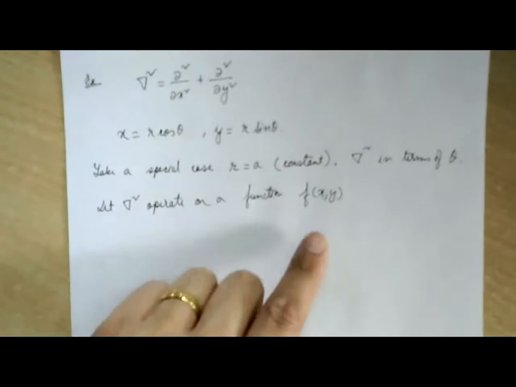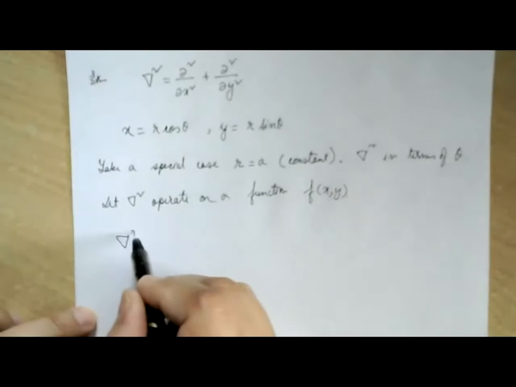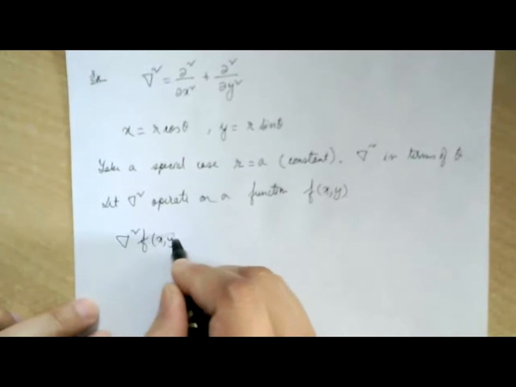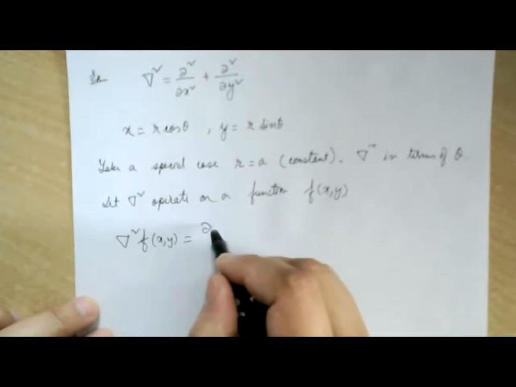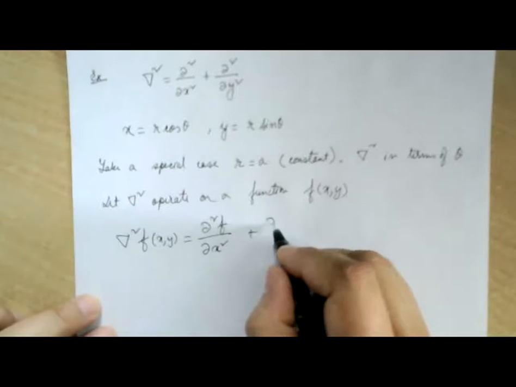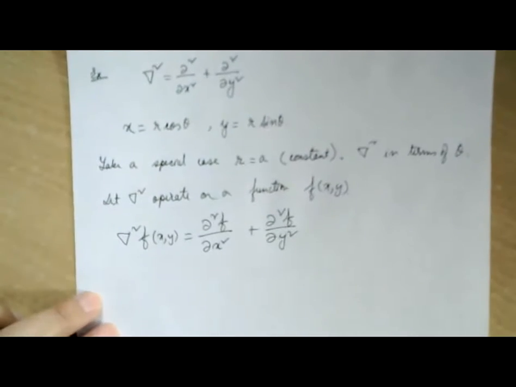F is a function of x and y. Then we have the Laplacian operating on f of x, y. This is equal to del 2f by del x square plus del 2f by del y square.